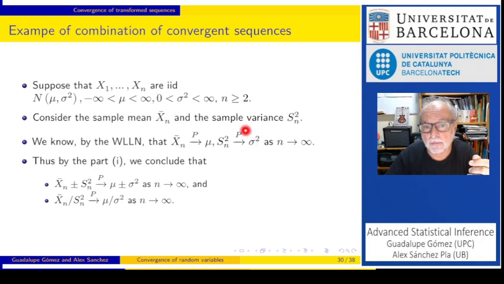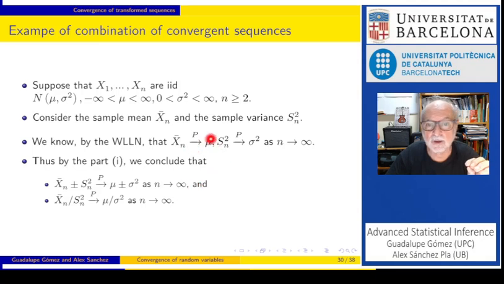It can also be shown that the sample variance converges in probability to the population variance, but it is not immediate because it is not a consequence of the version of the weak law of large numbers that we have seen, but of another law.